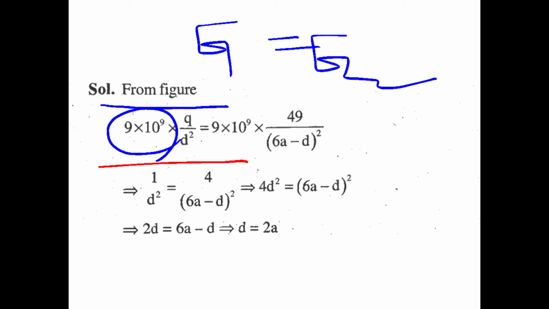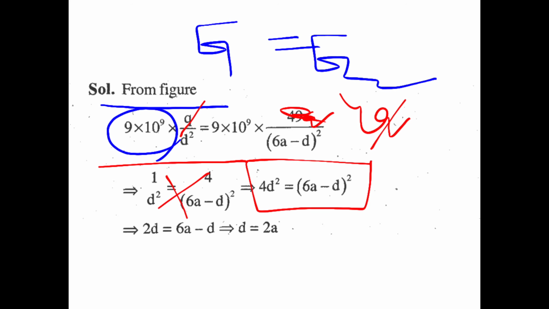That means k into q by d square is equal to k into 4q by, okay, this is 4q, Q are cancelled here, (6a minus d) whole square. Getting this? Then cross multiplying, we get 4d square is equal to (6a minus d) whole square. So taking square root of both sides, we get 2d is equal to 6a minus d. That means d is equal to 2a.